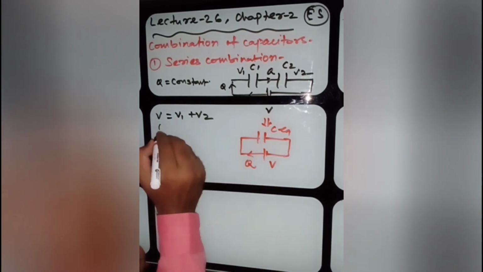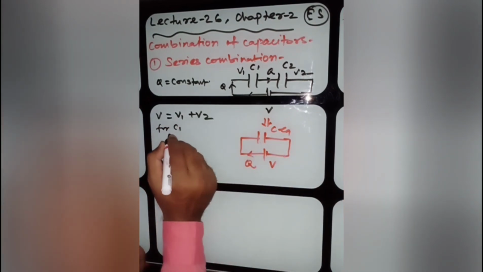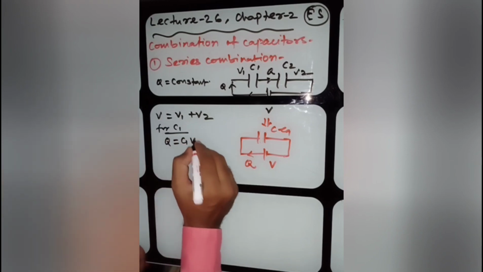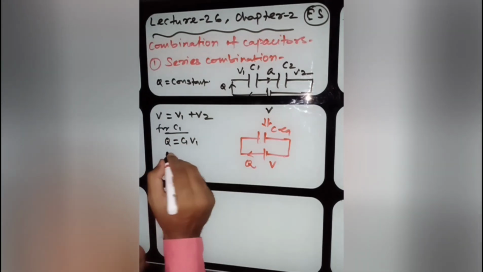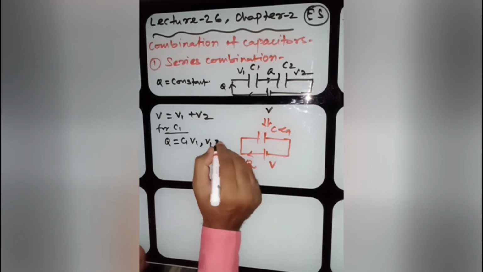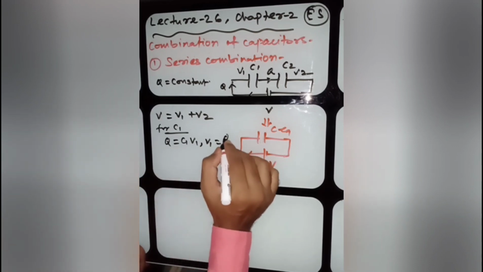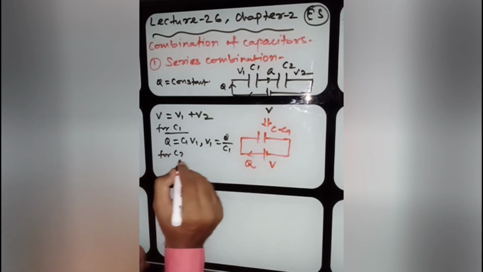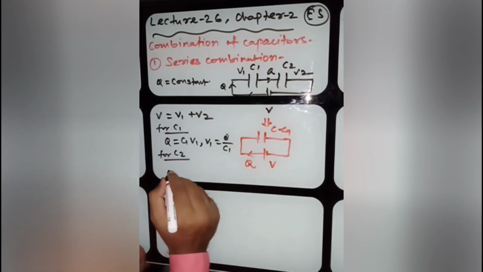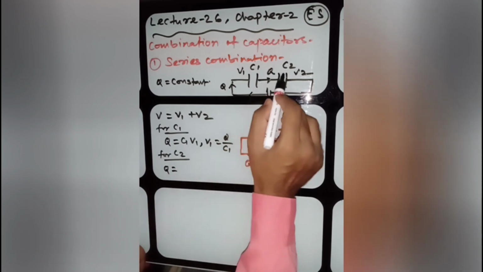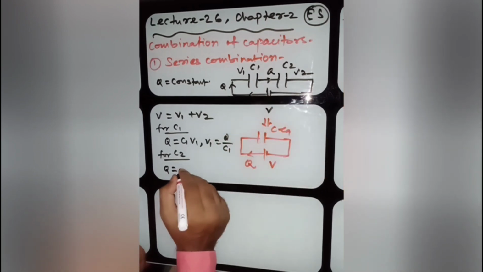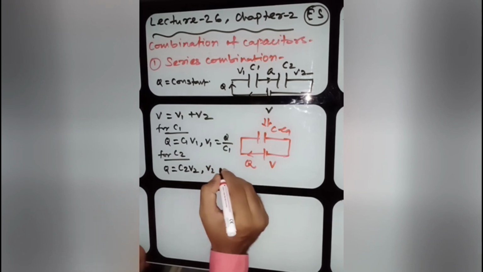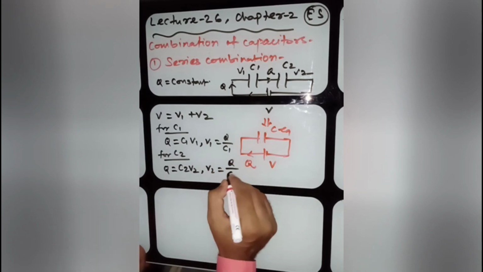Remember, for C1, can we write Q equals C1 V1? Yes, we can write it. And V1 can be written as Q by C1. Similarly, for C2, the charge is again Q, so Q equals C2 V2, and V2 can be written as Q by C2.